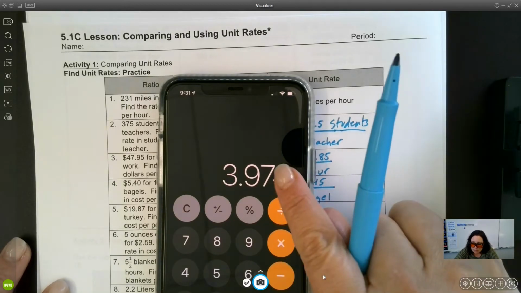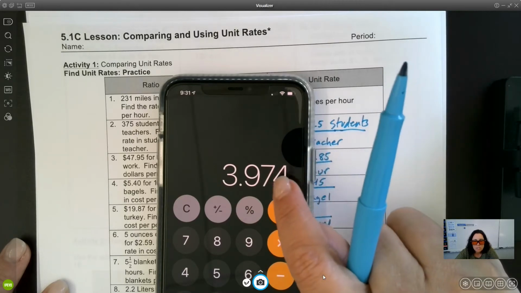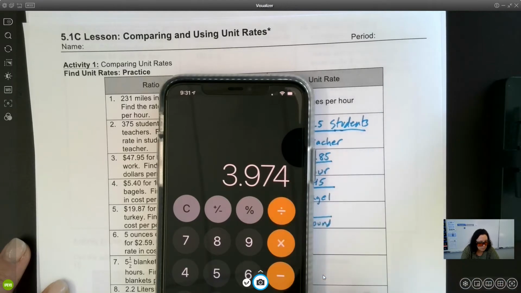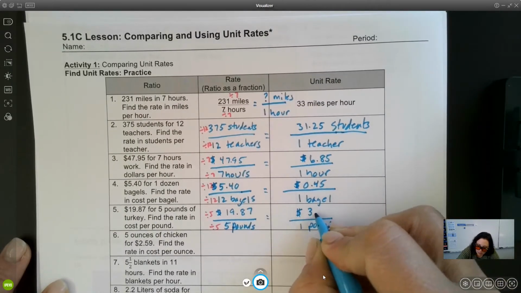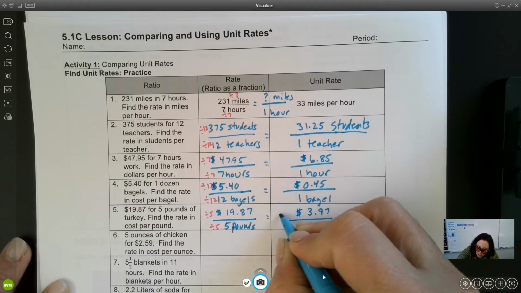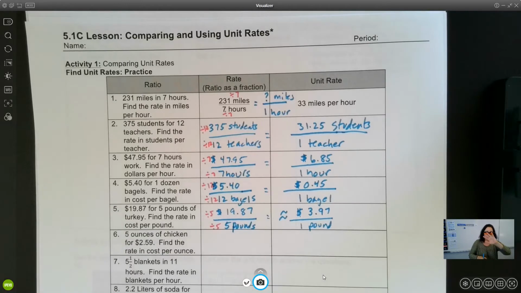We write it to the nearest hundredths. So we need to look at the next digit, 4, which means we keep that 7 a 7. 3.97. I'm going to write that squiggly equal sign. That means roughly. I rounded. I took some precision out of it.